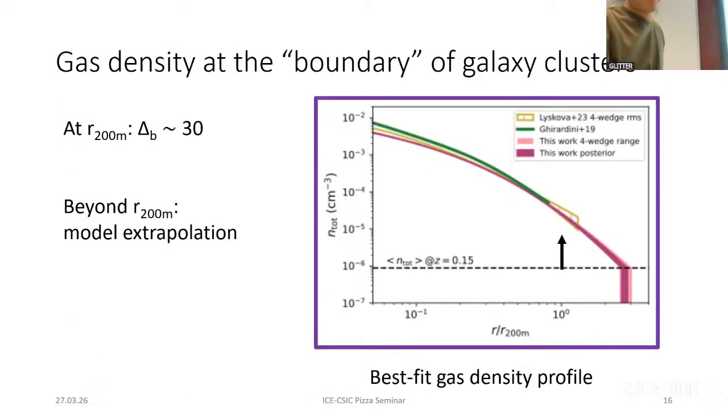So here we say R200M is the outermost region where we can confidently say what the gas density is. And beyond R200M, it is an extrapolation of the model. So our conclusion here is that at R200M, the baryon overdensity is about 30. It's not 1, it's 30. It means it's still an overdense environment in that far field.